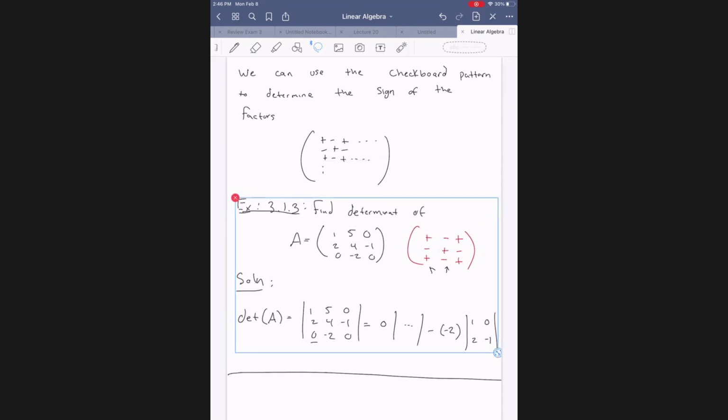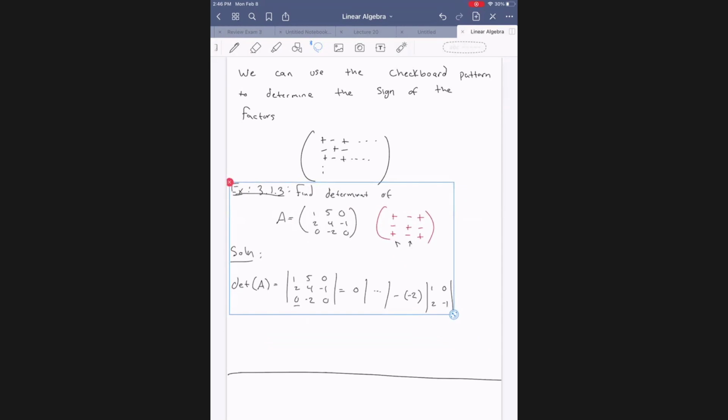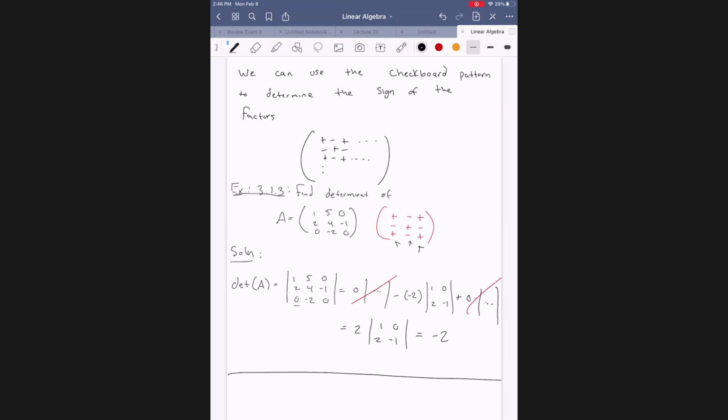And then for the third one, it's just going to be plus 0 times whatever, so that goes away. All you're left with is 2 times 1, 0, 2, negative 1. And the determinant of that is going to be minus 2. Correct me if I'm wrong.